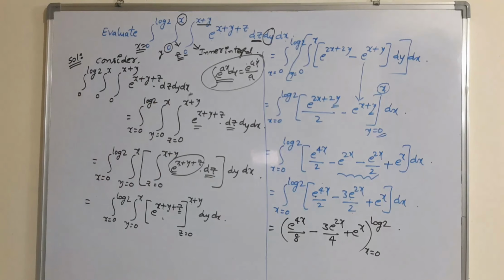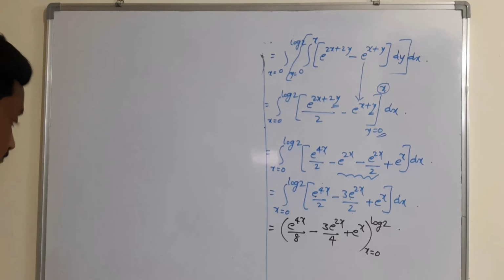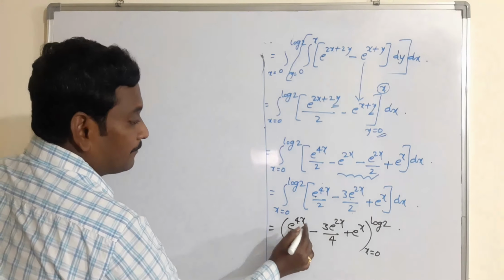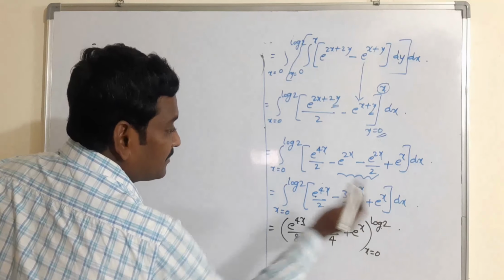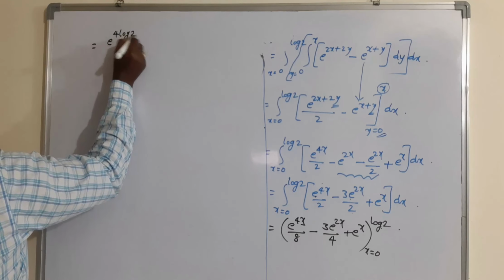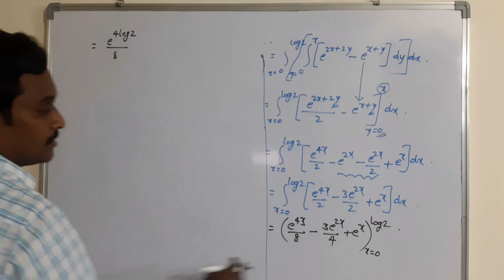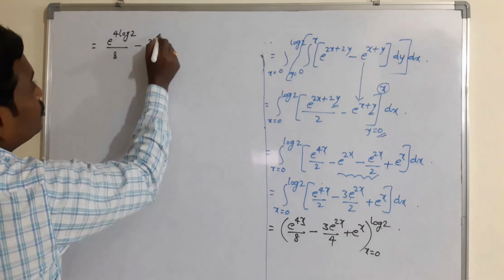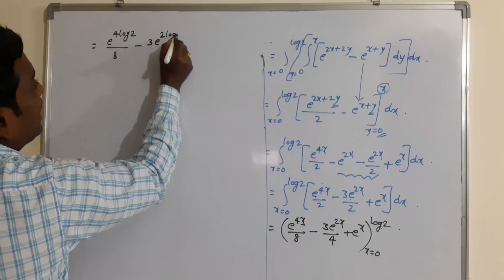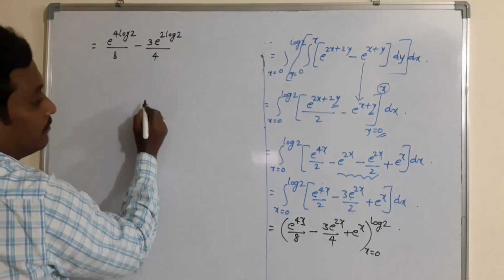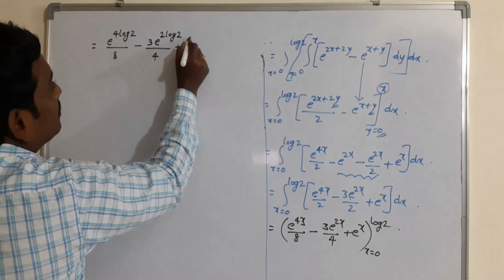See, that is equal to e power, apply x is equal to upper limit log 2. So you will get e power 4 log 2 by 8 minus 3 into e power 2 log 2 by 4, plus e power log 2. Whenever we have x we should replace it by upper limit log 2.